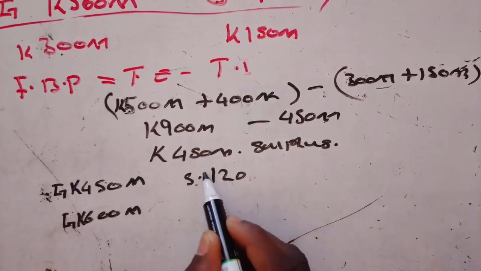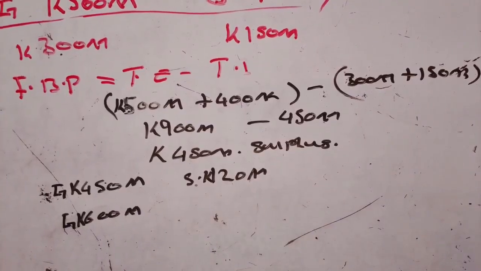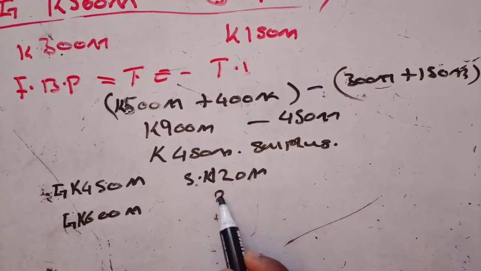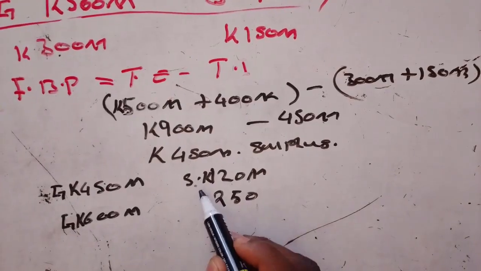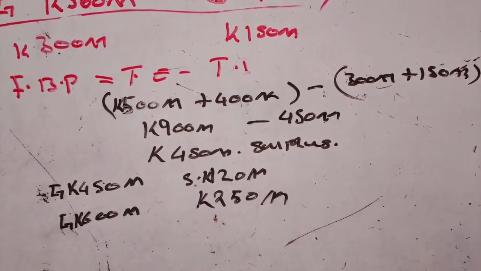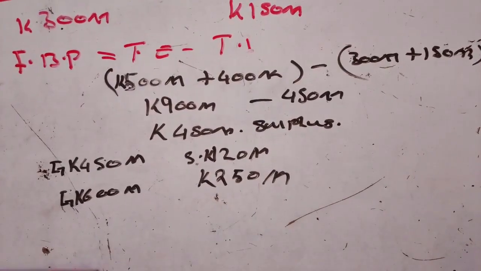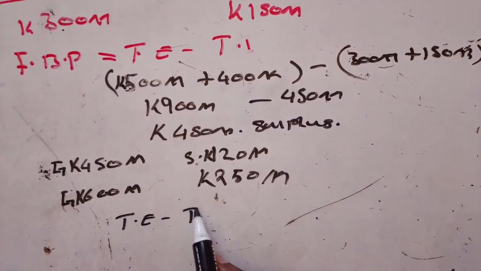Okay, and we have services imported with 250 million, and we have been told to find the surplus. So we know that balance of payment is given by the formula total exports minus total imports.